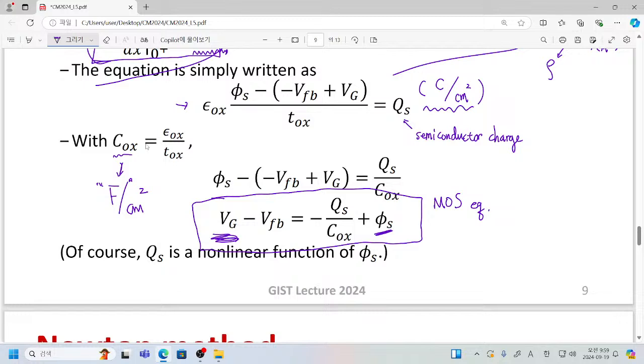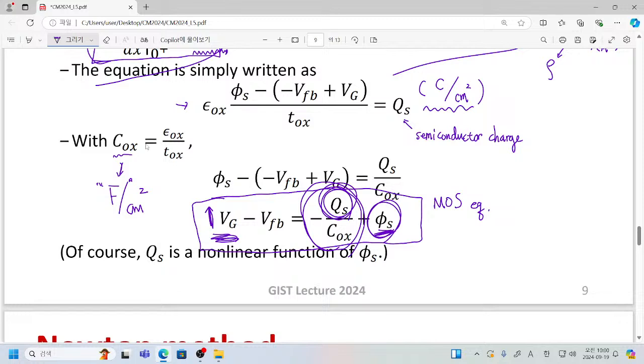Although you wanted to change the surface potential, sometimes you cannot. When you change your electrostatic potential, your incremental gate voltage is divided into two parts. The first part is the one consumed by the semiconductor part, and another one is the bending of the surface potential.